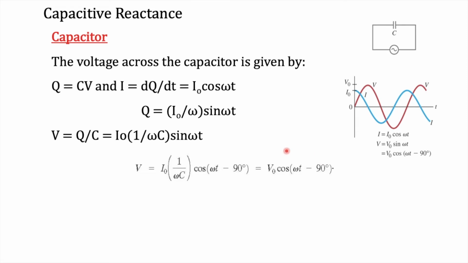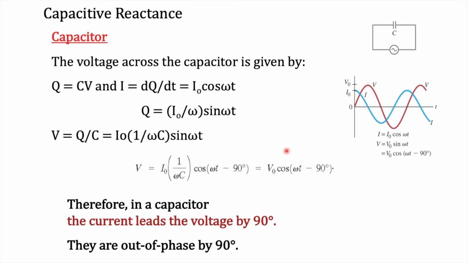So you see, for the inductor it is plus 90. So here they're still out of phase by 90. So now comparing I naught cosine omega t to V naught cosine omega t minus 90, that is how the current and voltage vary in a capacitor connected in AC circuits.